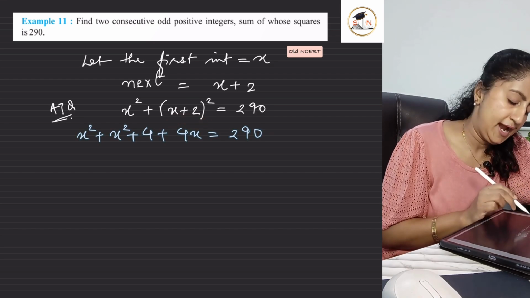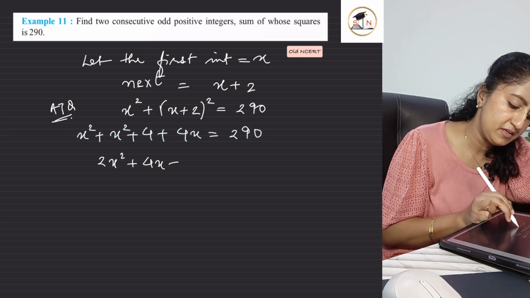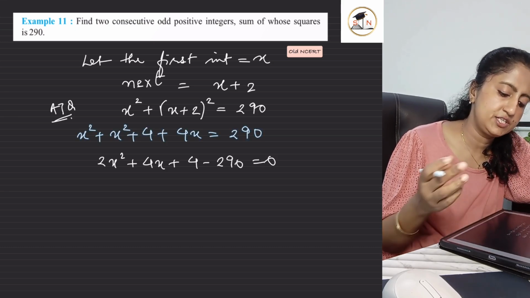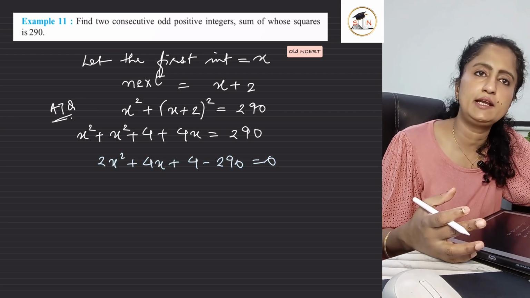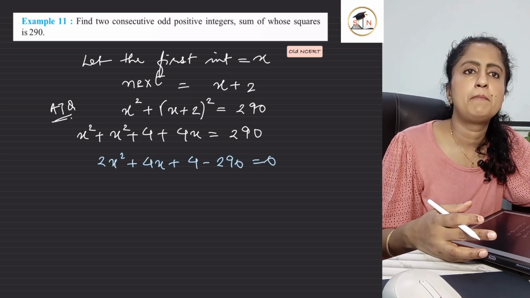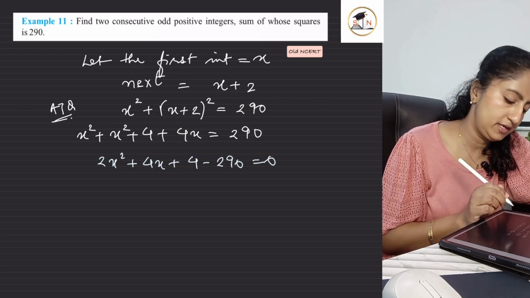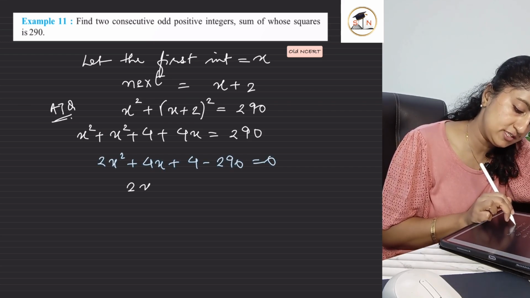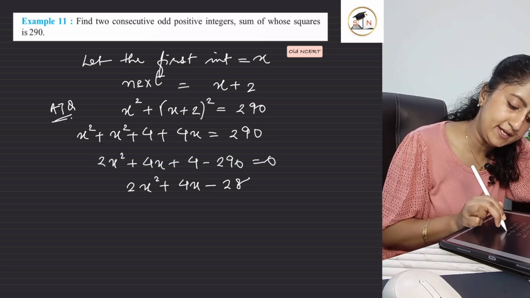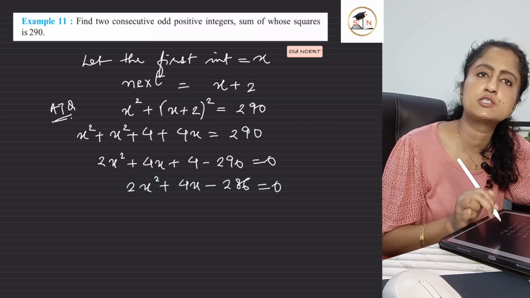Okay, so adding them, we get 2x square plus 4x plus 4 minus 290 equals 0. I just collected all the terms on one side because I have to reduce it into the standard form of ax square plus bx plus c equals 0, right? So that leaves us with 2x square plus 4x minus 286 equals 0. 4 minus 290 gives us minus 286.